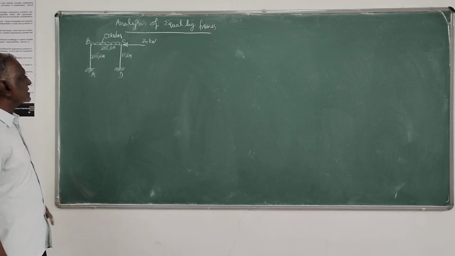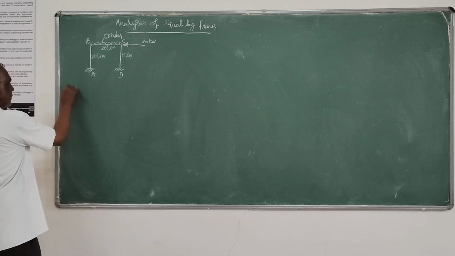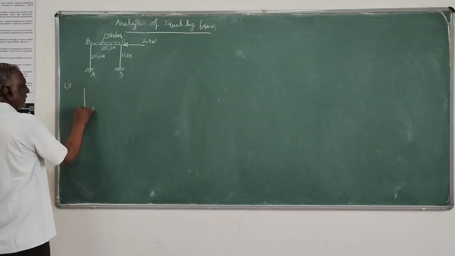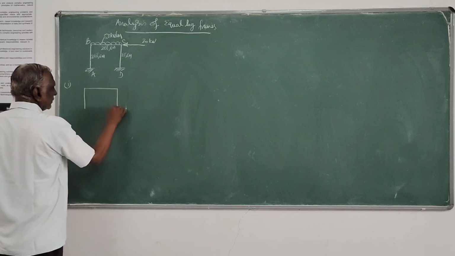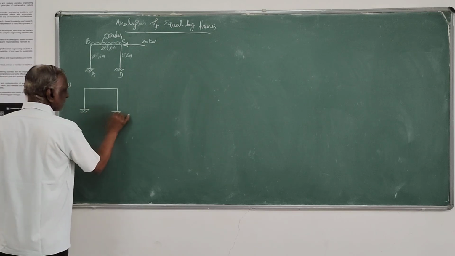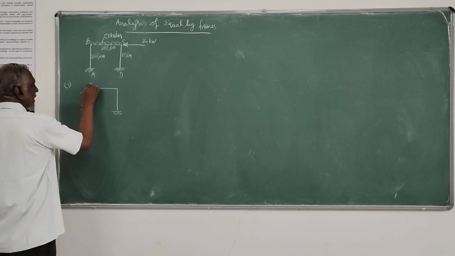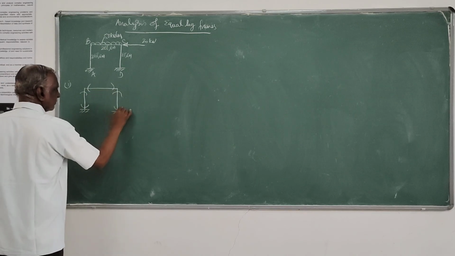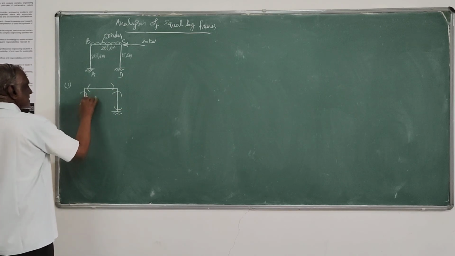Now let us take this particular frame. As usual, the first step is to find out the moments at the ends of the members, and those we have to choose as the unknowns during our analysis.